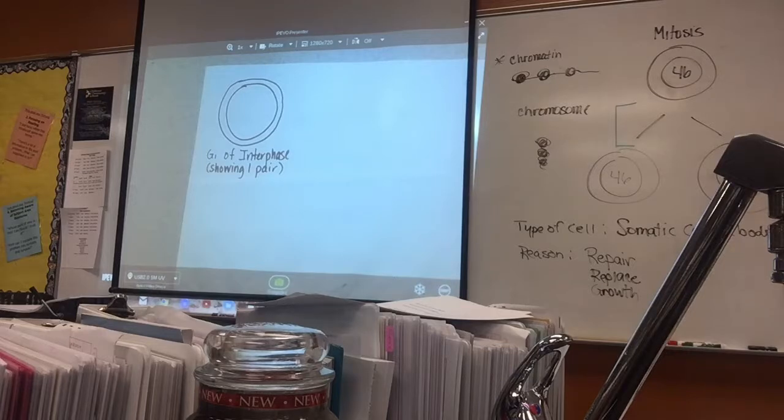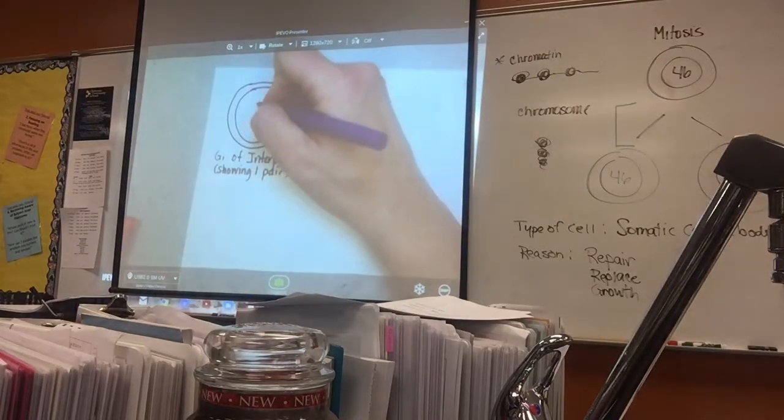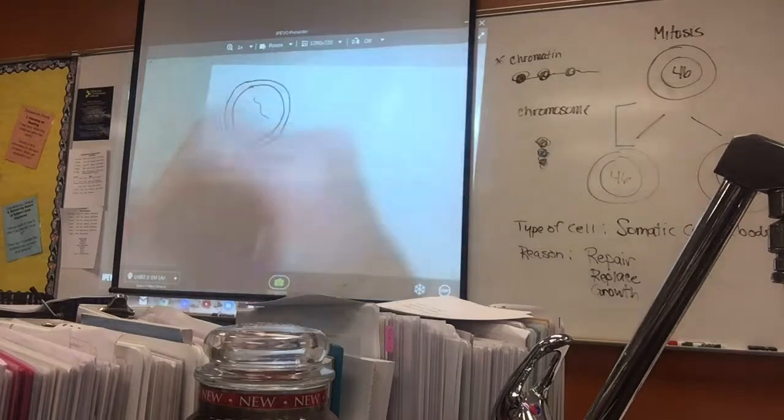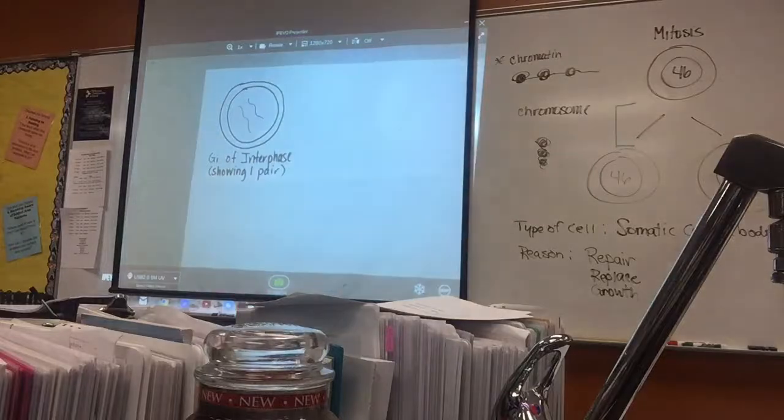How many is in a pair? Two, right? So I'm going to draw, I told you I was going to use orange and purple. All right. So I'm going to draw two pieces of DNA. Now the DNA is stringy. All right. So I'm going to draw here one piece, just a squiggly line. It doesn't have to look exactly like my squiggly line. All right. But two pieces of DNA here.